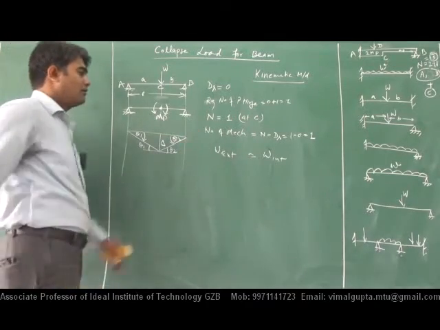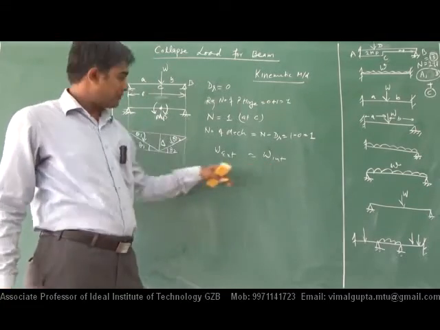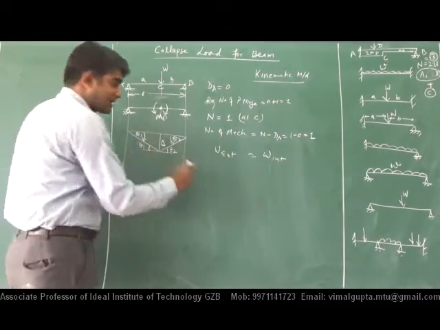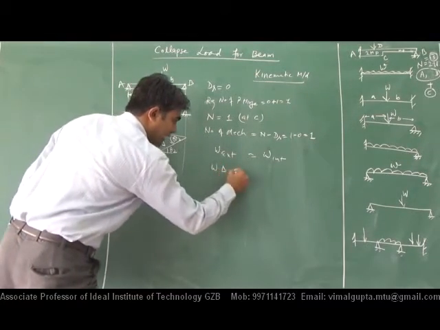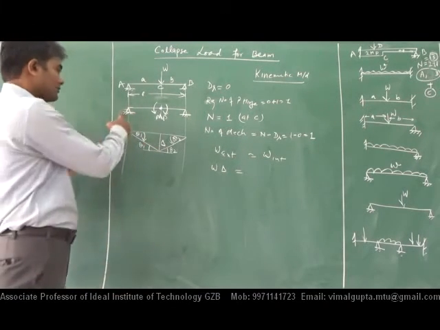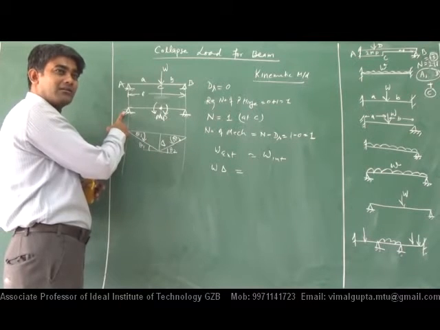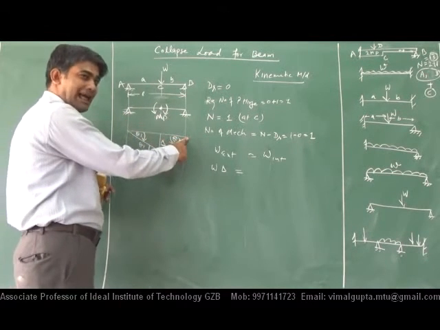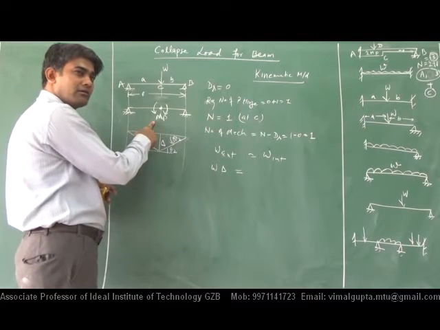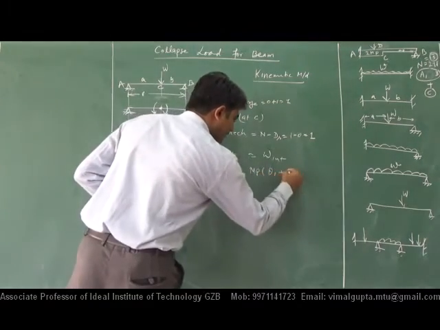Now we can write the value of W external and the value of W internal. The W external will simply be W multiplied by delta. So we will write W into delta equals to MP into theta 1 plus theta 2.